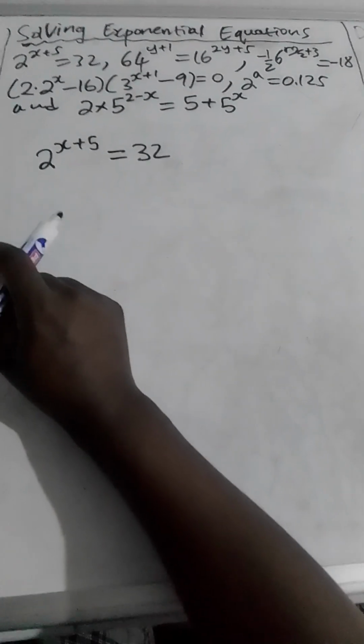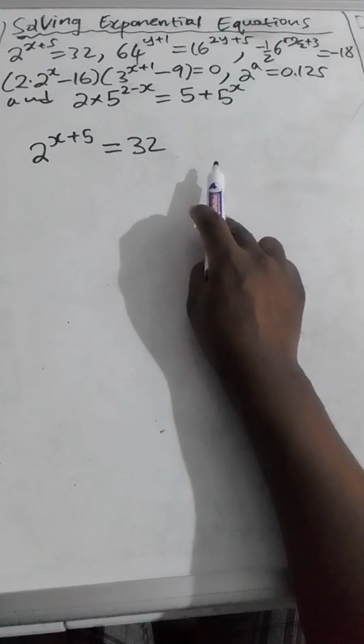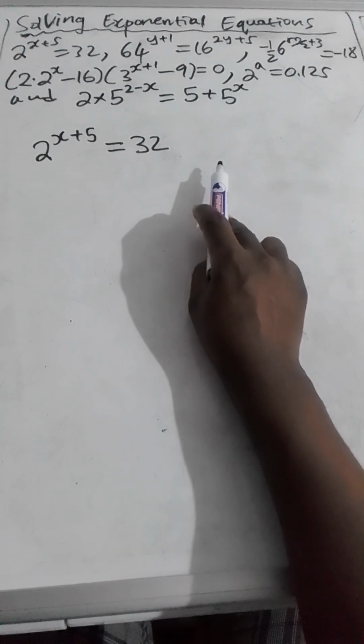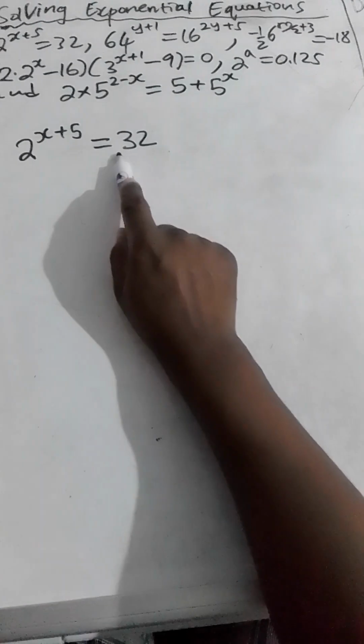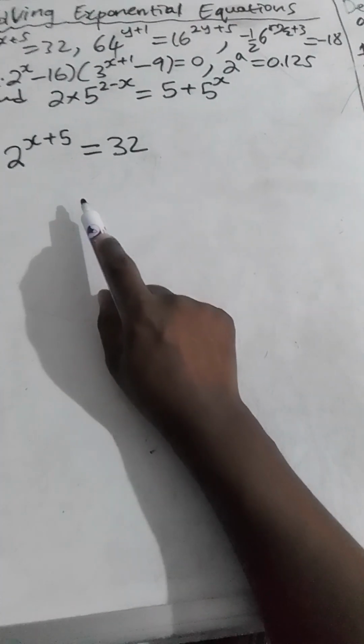How do we do that? We will need to first make sure that all our bases are prime numbers when we are solving exponential equations. In this case, we have a power of 2 here, and on the other side we have 32. Can't we make this also have a base of 2?